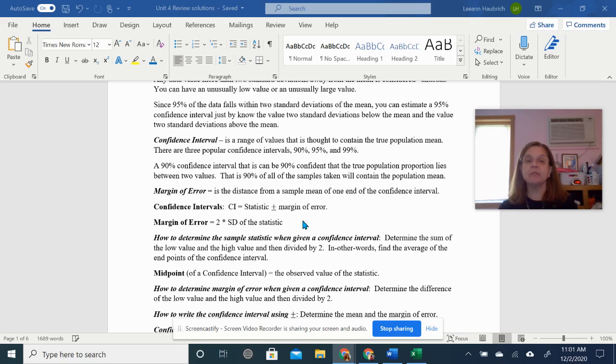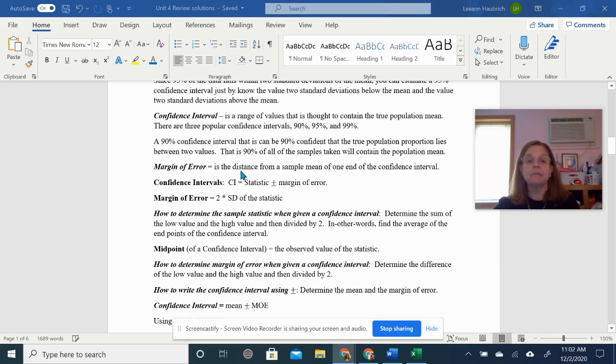Right smack in the middle of the range of the confidence interval will be your statistic, your mean. Well, the difference from the statistic to the end of the confidence interval, that is your margin of error. That's why the margin of error can be positive or it can be negative.